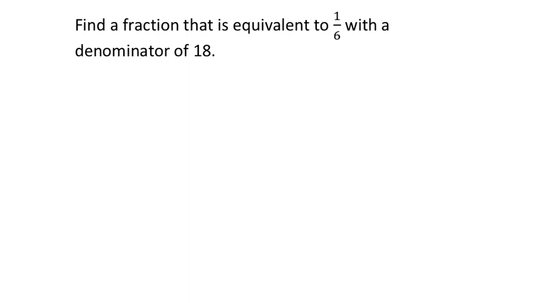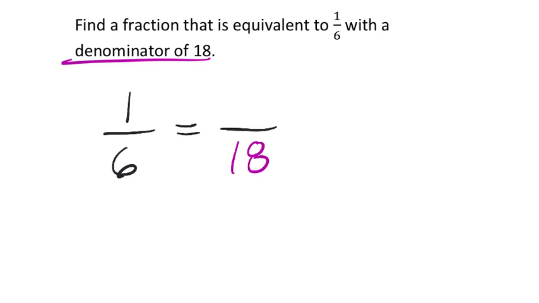So a problem like this one, look, it's a little different. We're saying find an equivalent fraction to 1/6. But what we need is a denominator of 18, that's the bottom number in our fraction, of course. So if that was going to happen, we know that we're dealing with the 6 and the 18 on the bottom. What did we do to 6 in order to get this 18?